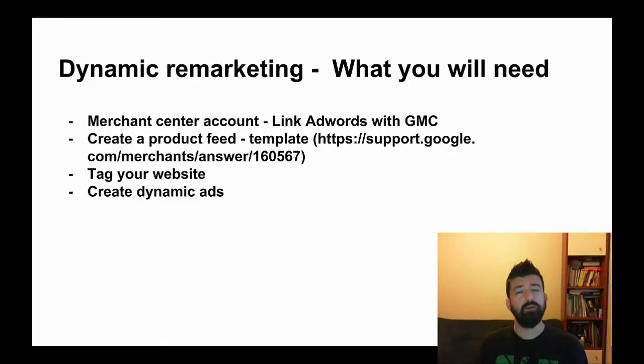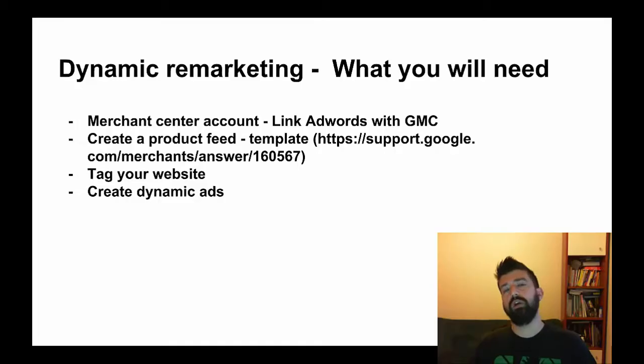So here's the solution with dynamic remarketing. Someone goes into your website, visits 5 different products, goes out of your site, he bounces, and then when he visits a site of the Google display network, there are these 5 products that he has seen. So the whole process is done dynamically.